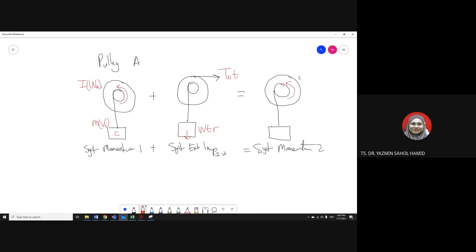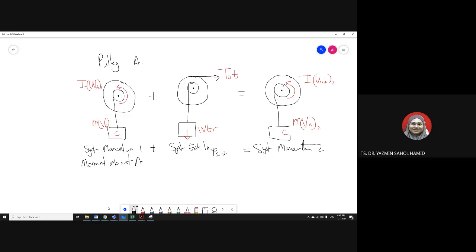So for system momentum 2, we have I omega A for 2, and for block C here we have M V_C for 2. Now let's write down the equation. What are we going to take? We are going to take moments about A. I forgot to put this dot in the middle to complete the diagram.